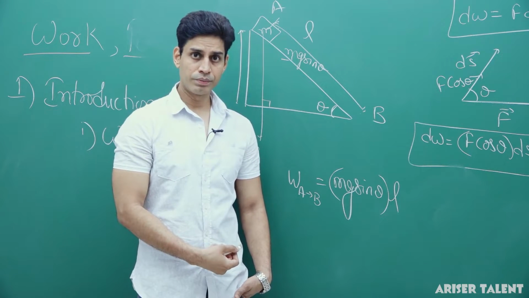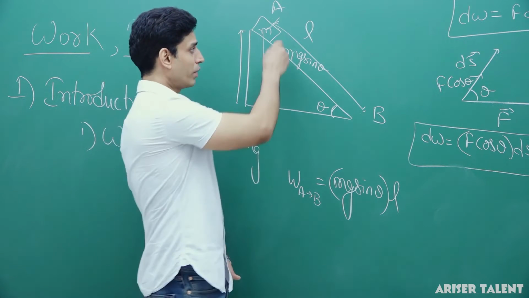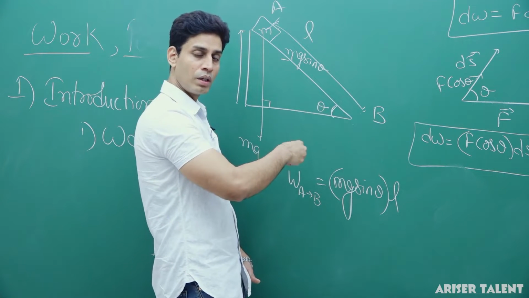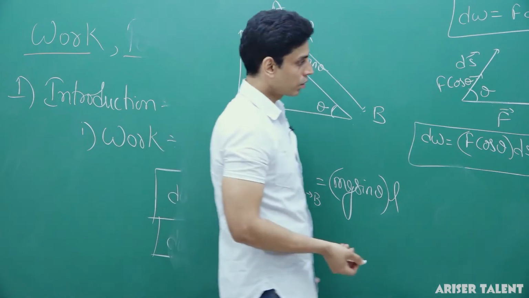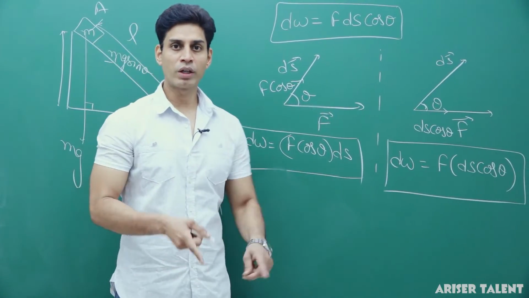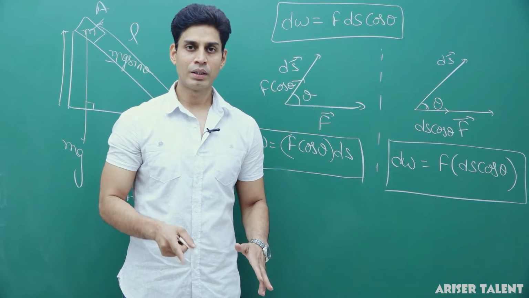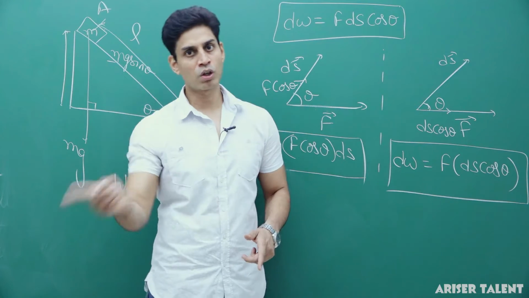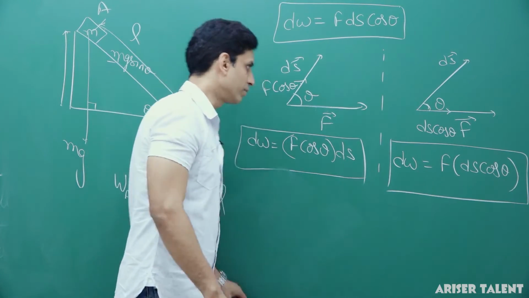Getting it or not? That is the work done by gravity from A to B. Fine. I have taken the component of Mg along the displacement. So this is just the way to represent the work, that is F dot ds, that is F ds cos theta. Either take the component of force along the displacement or take the component of displacement along the force. Okay, I think it is clear.